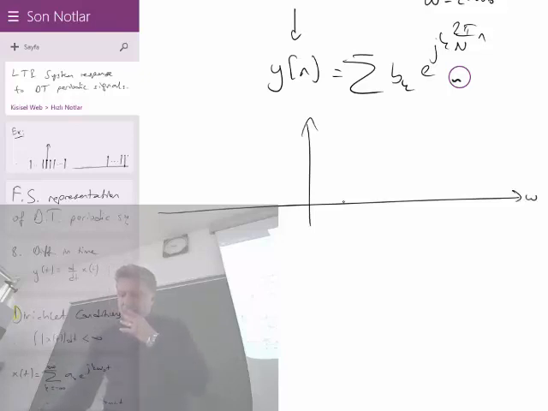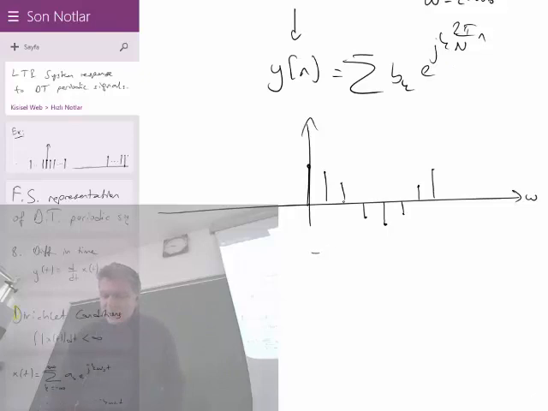On the frequency axis, you have some ak's. Let's assume that they are like this, or let's put one more.